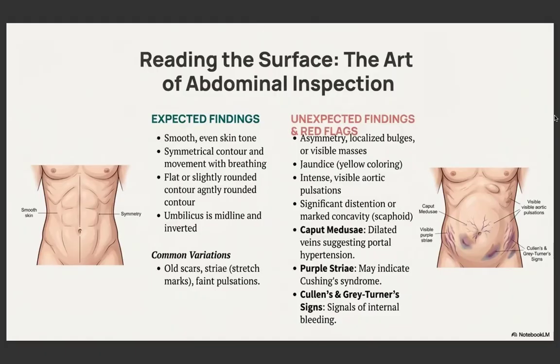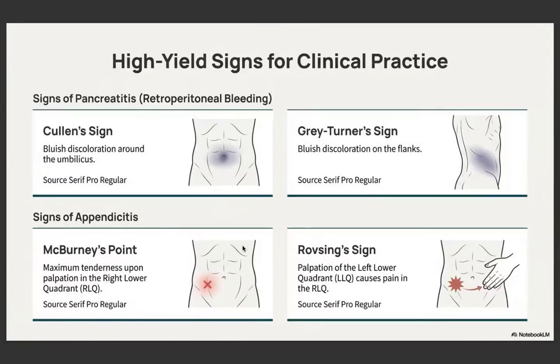There's Cullen's and Gray Turner sign, which are signs of internal bleeding from, like, pancreatitis. And then there's also Murphy sign, and that's when you're palpating the abdomen around the appendix area, they get pain, but we're going to talk a little bit more about that. So here we go.